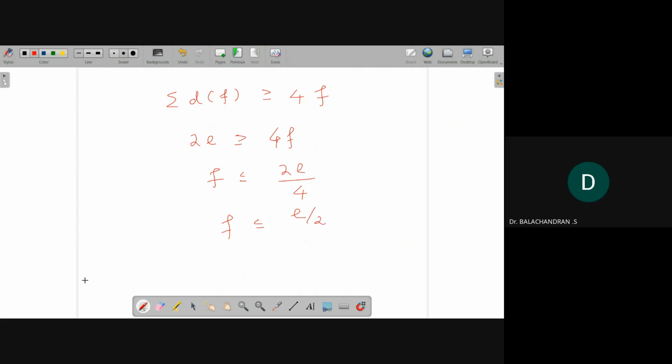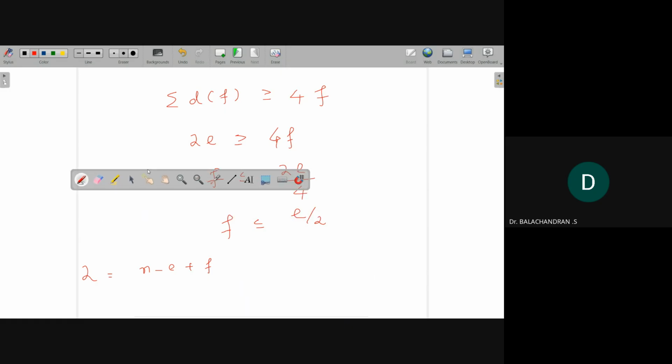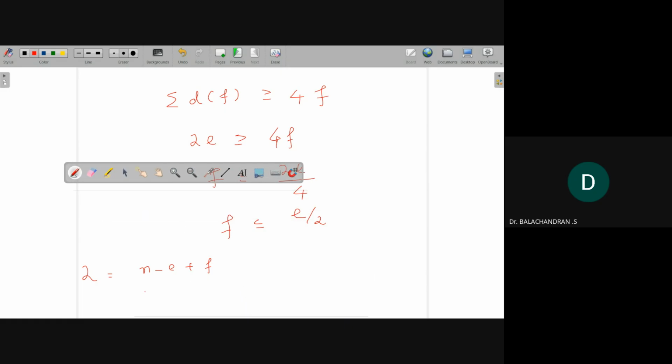Now apply Euler's theorem: 2 equals n minus E plus F. So 2 is less than or equal to n minus E plus E by 2. This implies 2 is less than or equal to n minus E by 2.